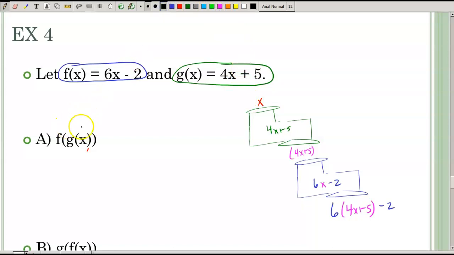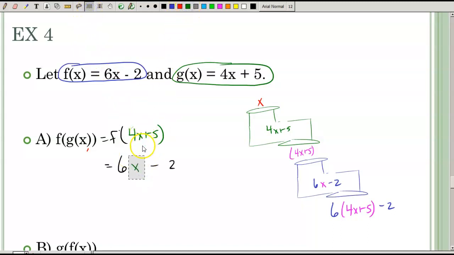So if I wasn't doing that visual example, I would just take f of g of x and say, all right, f of, what's g of x? What happens there? Well, that doesn't change. g of x is equal to 4x plus 5 right here. So I'm going to write this as f of 4x plus 5. Now I'm going to take 4x plus 5 and plug it into f of x, which is 6x minus 2. So I'm going to have 6x minus 2, but again, this x is not going to be just x.